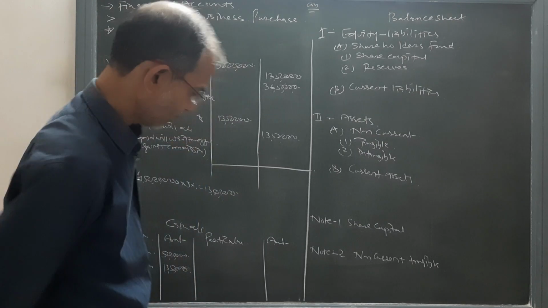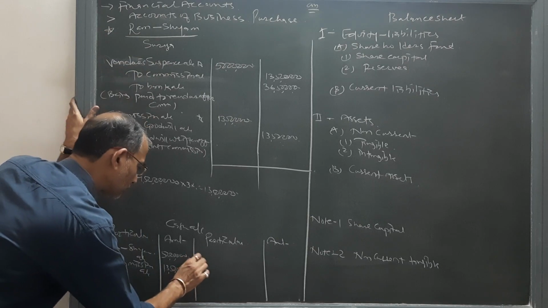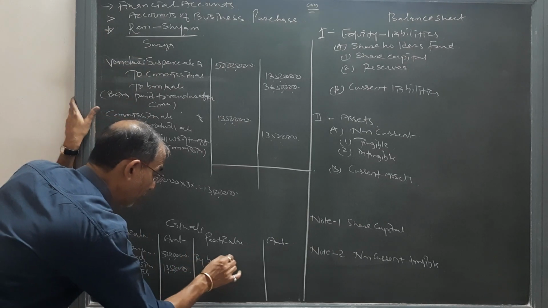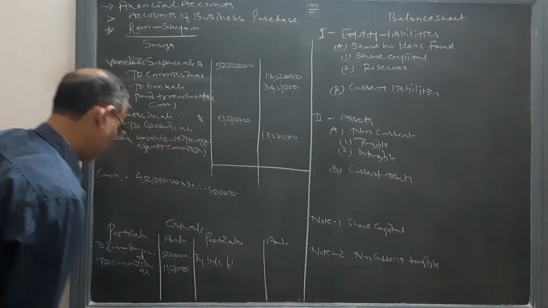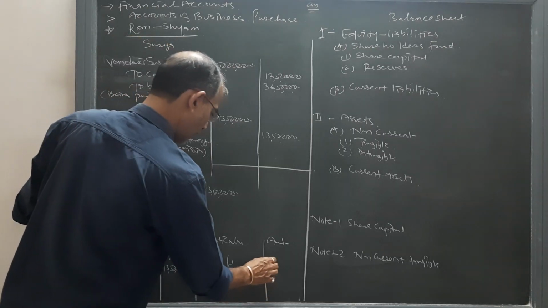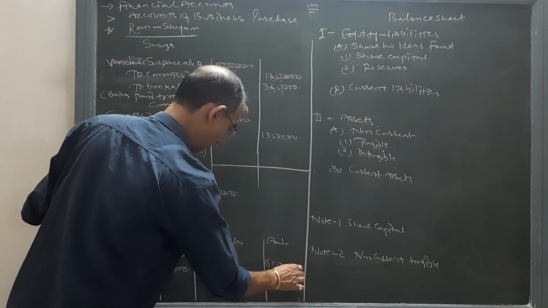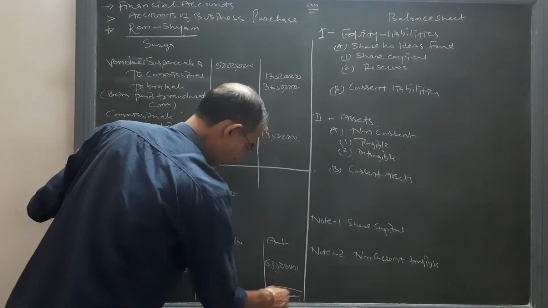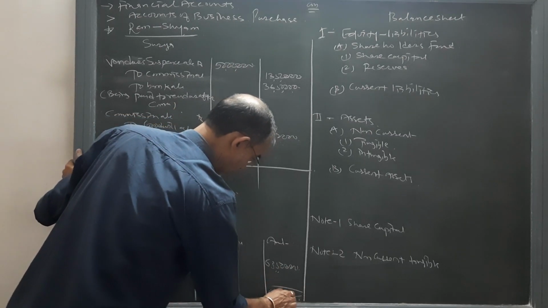So by balance CD will be 63 lakh 50,000.